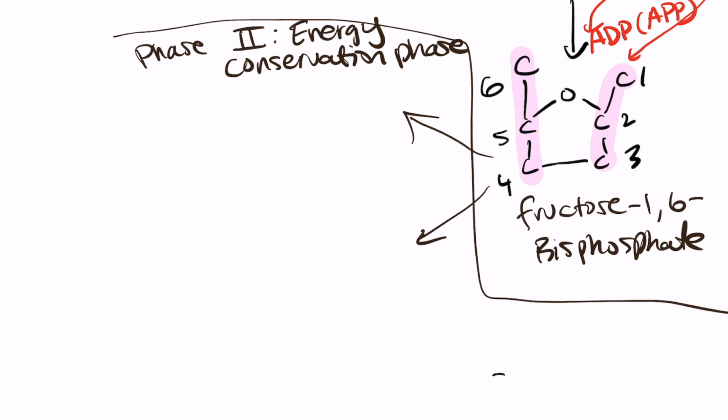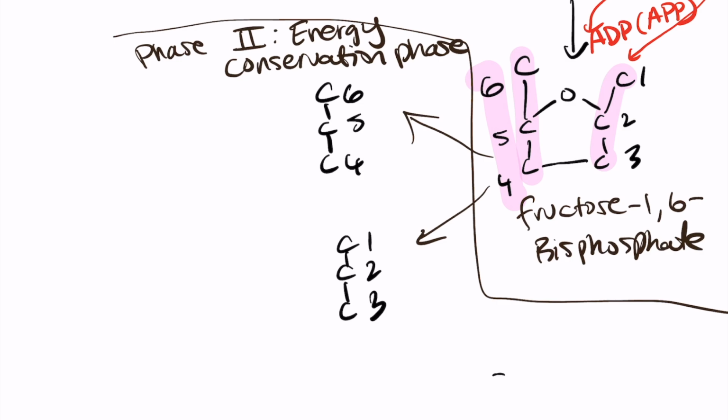So we have carbon 1, 2, 3, and carbon 4, 5, and 6. So I know this is 4, 5, 6 right here, but we need to rename that to carbon basically 1, 2, and 3, because 4 is smaller, right?